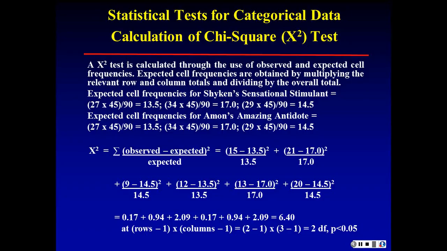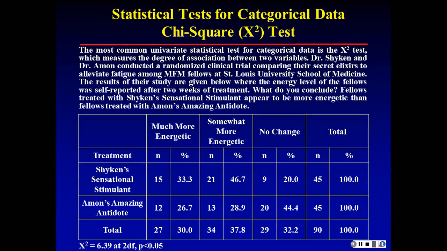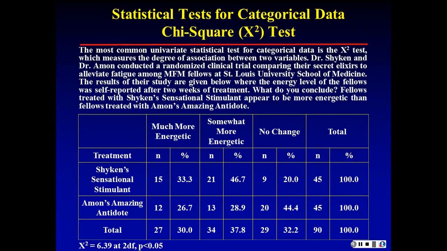Why do you expect them to be different? Pardon me? Why do you expect them to be different? Well, the expected cell frequencies, Dr. Martin, are just simply calculated based on your marginal totals. Just in terms of how the data shakes out here in the study, this is what you observe, but yet you calculate what you would expect, and what you observed and what you expect could be similar, but they're not generally identical.